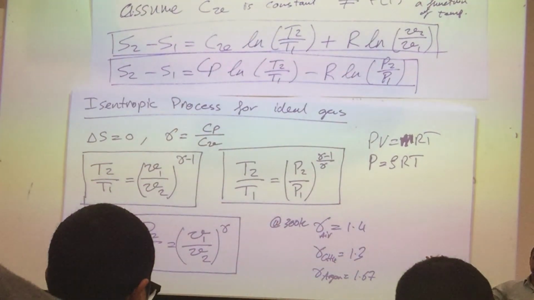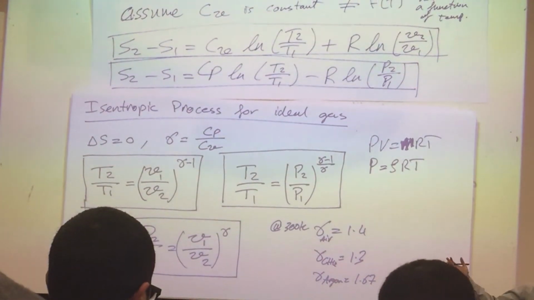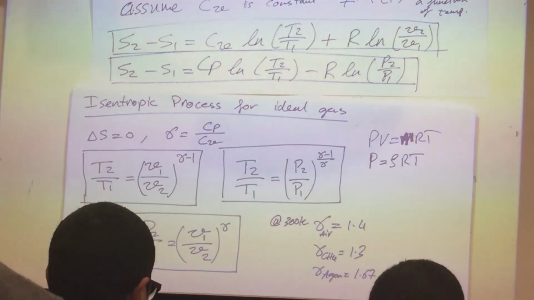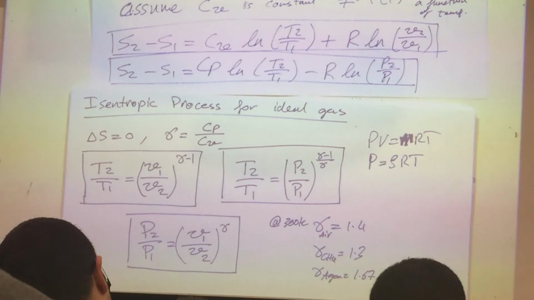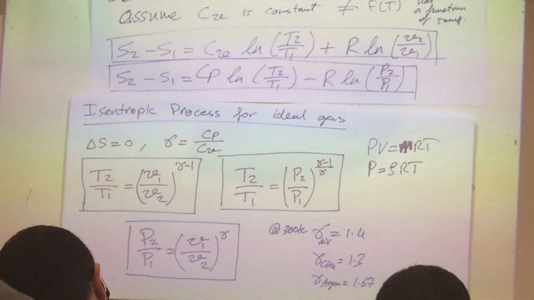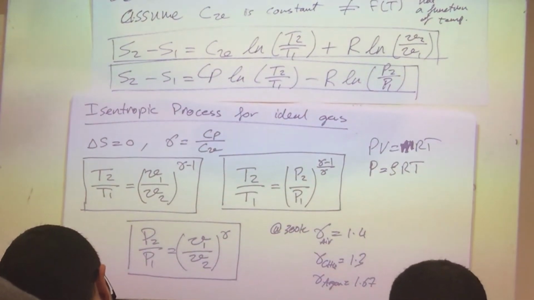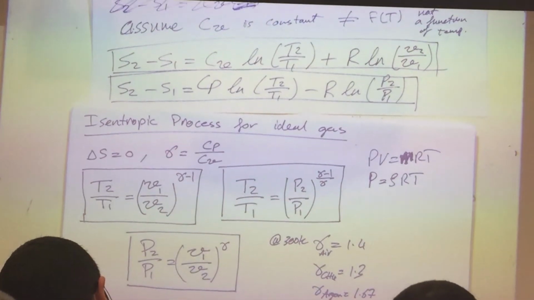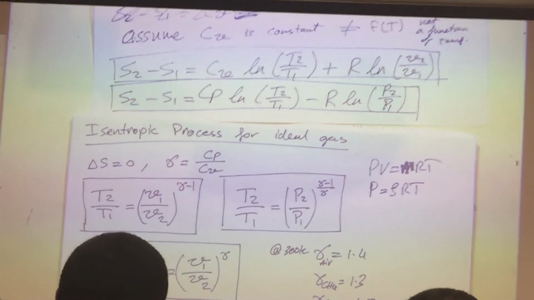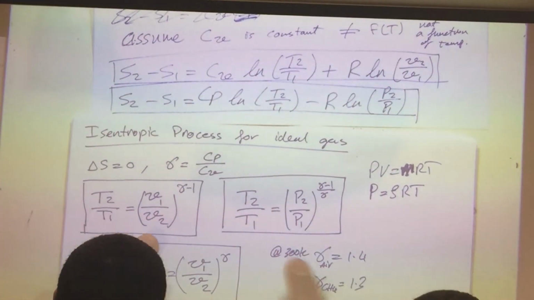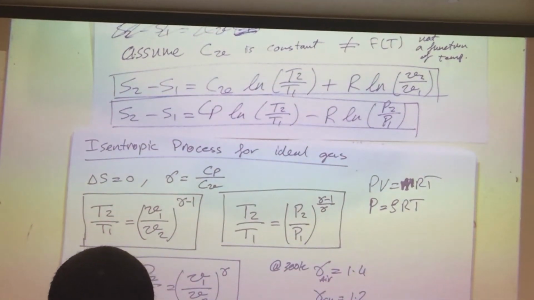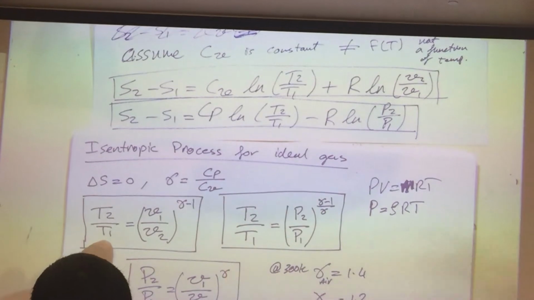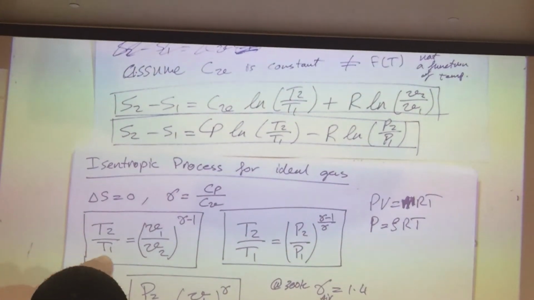These are the same relationships that you have in your isentropic tables, assuming entropy change is 0. But generally you went in and used a variable of some sort and extracted all the other variables. In this case, we're just going to use the equations directly because gamma is going to change. At the same time, these variables are not going to be precisely the same values that you have in the tables.